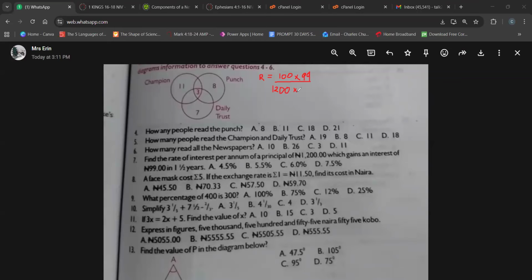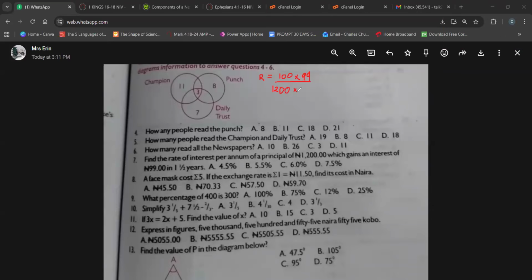Time is, now be careful with that time. 1.5 years. How would you treat that 1.5? Who can tell me the different ways we can do it? Change it to an improper fraction.